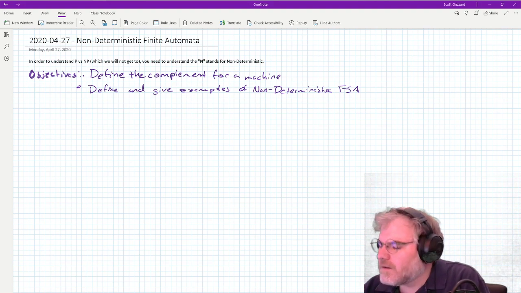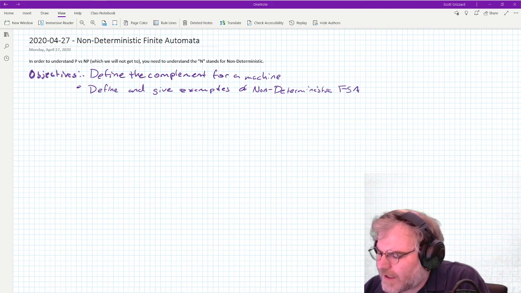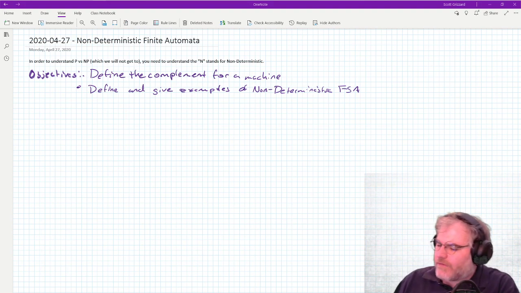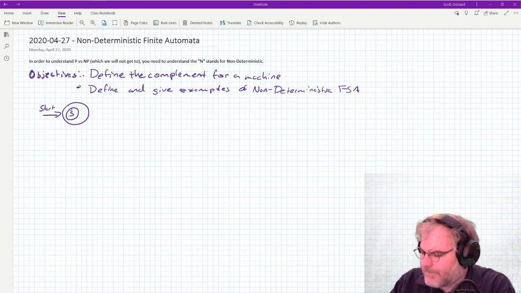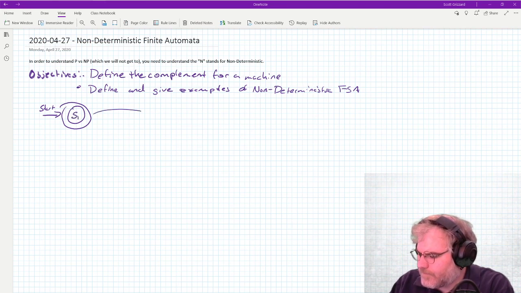Okay. So what I want to do is define and give examples of a complement. I had this machine from the quiz, and it looked like this. It had a start. It had this S1 state, which was just the accepting state. This was not an accepting state. This was S2. It was S3.